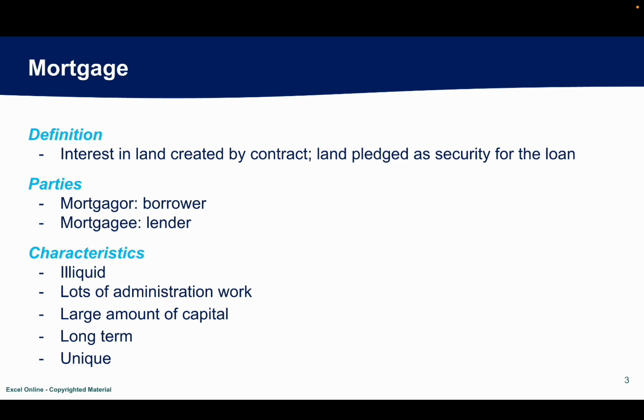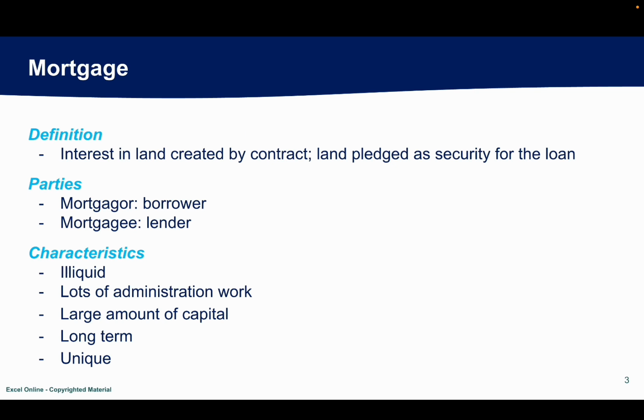Now, the next characteristic is that it is a long-term investment. We're stuck with the borrower for the length of the term, which is normally 2 to 5 years. And the last characteristic is that mortgages are unique. Unlike gold, where 1 ounce of gold is the same as another ounce of gold, mortgages are unique.